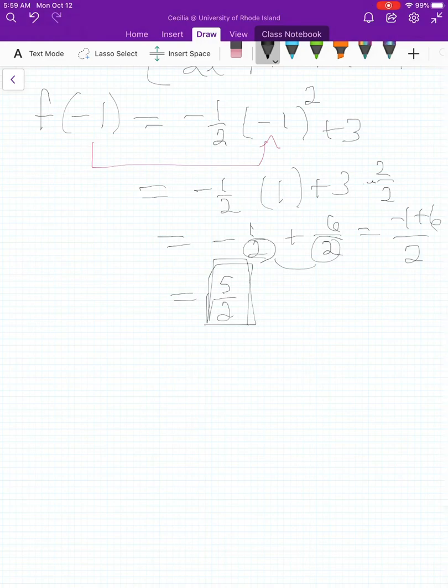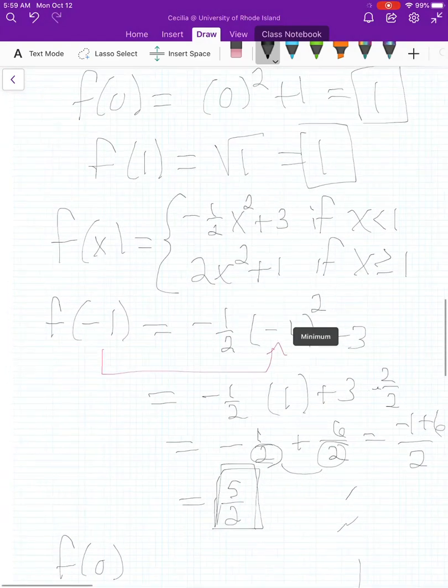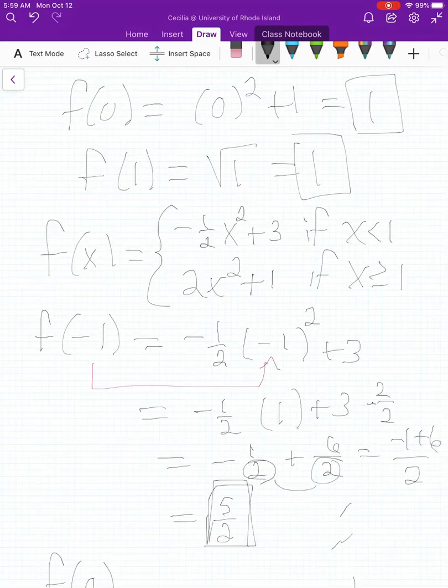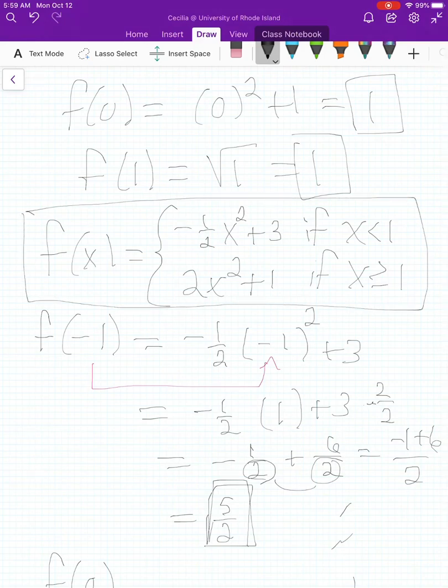Now if we look at f of 0, going back to our function definition, we see that when x is 0, 0 is less than 1, so once again we're in the upper definition of the function.